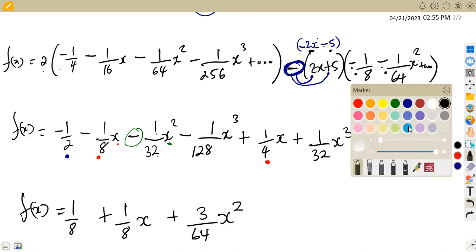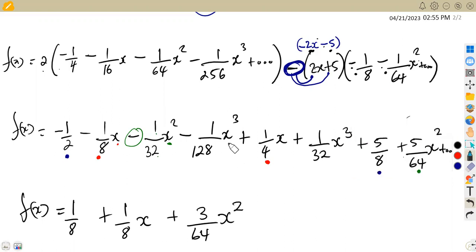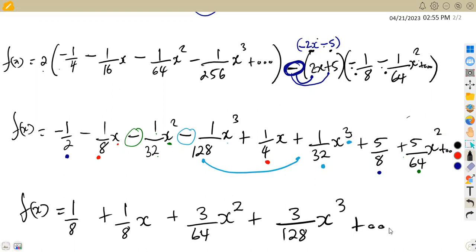We move on to the exponent of 3, that is -1/128 and 1/32 x to the exponent of 3. This part can be combined together, so this is going to give us +3/128x to the exponent of 3, plus and so on and so on.